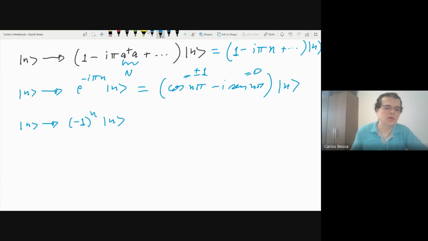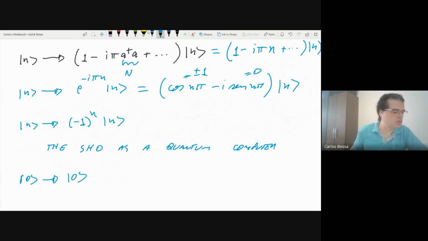So for the simple harmonic oscillator as a quantum computing system, we can see that the state 0 goes to 0, it is mapped as 0.